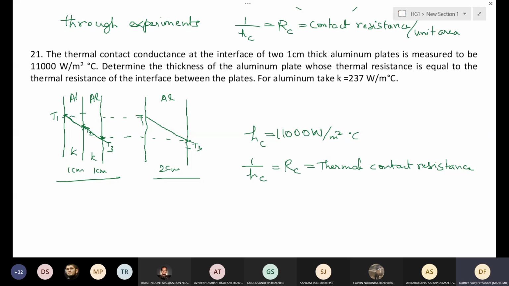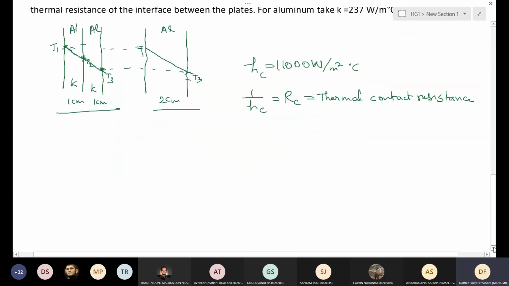Similarly, we know that for a planar wall, the thermal resistance of a planar wall per unit area, can you tell me what this R_k is equal to?